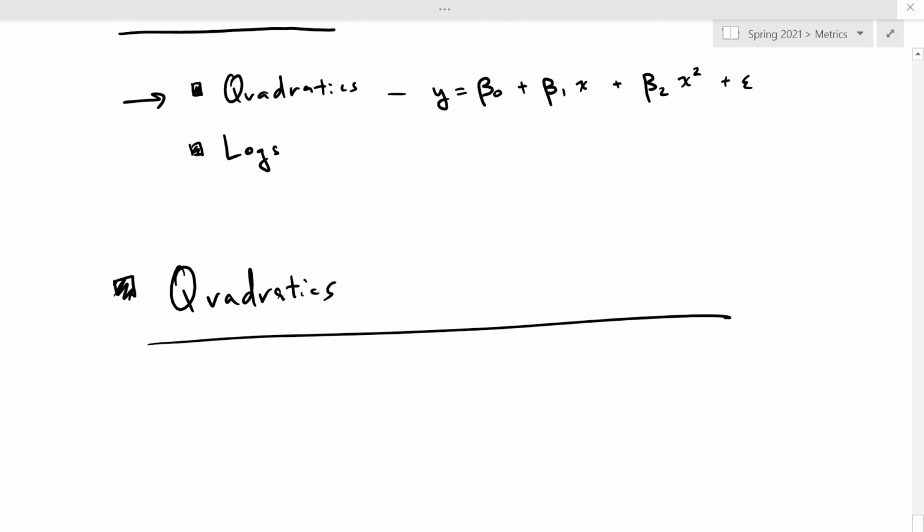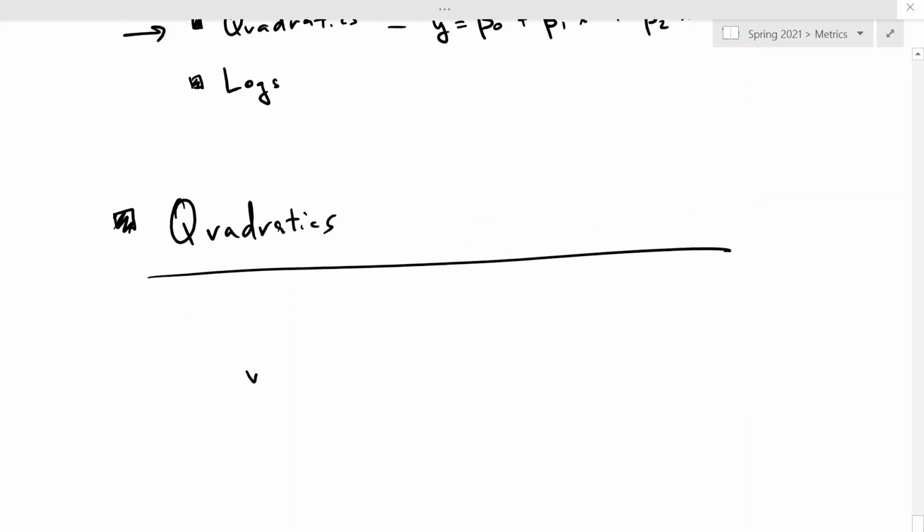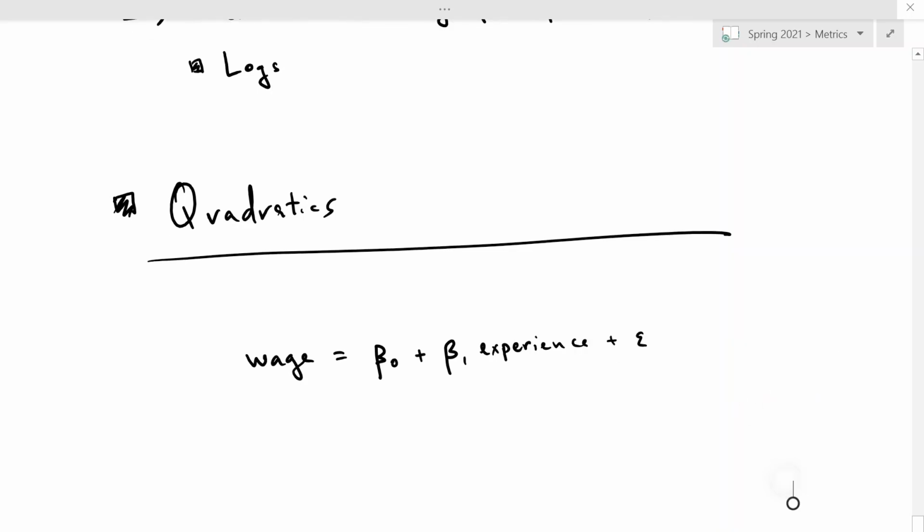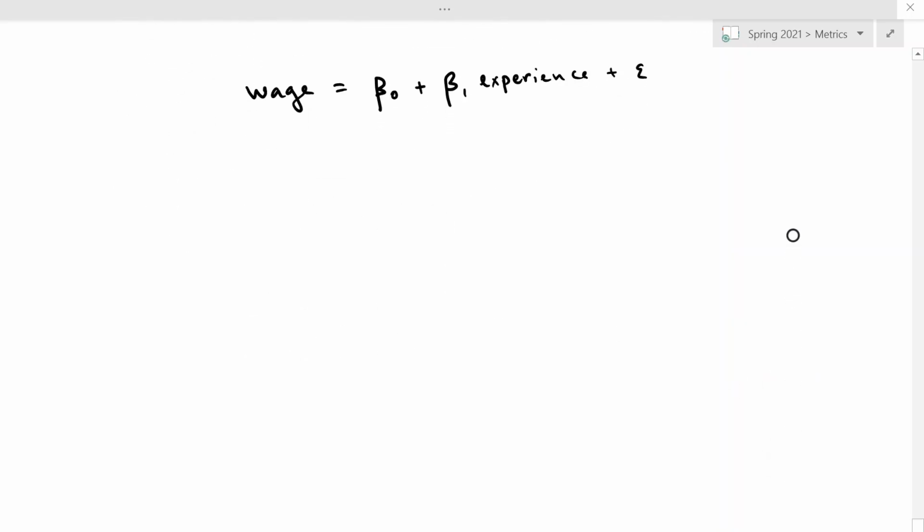And so to give an example, let's take a model looking at wages. And let's look specifically at how experience affects wages.